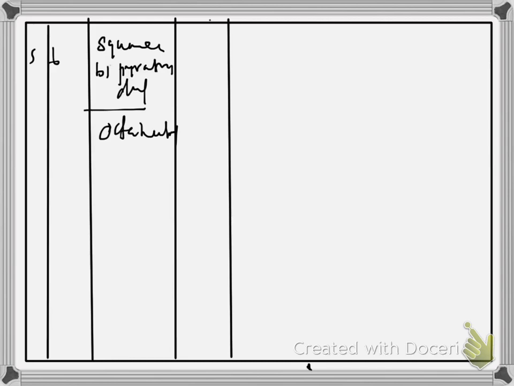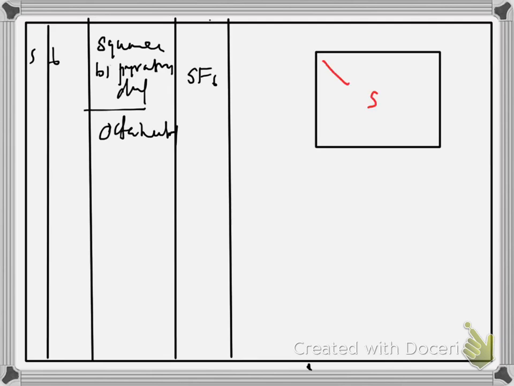Example: SF6. You have to draw a square plane first. Sulfur at the center and 4 fluorines at the corners, 1 at the top, 1 at the bottom.